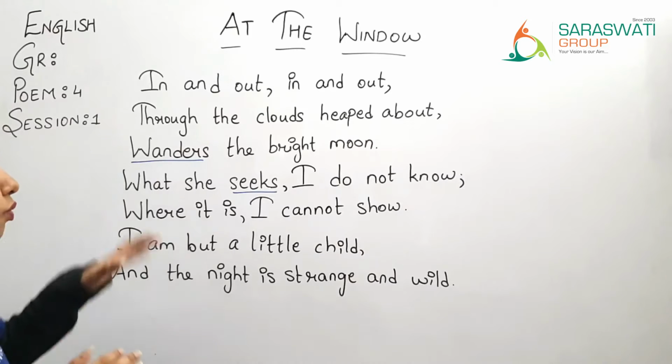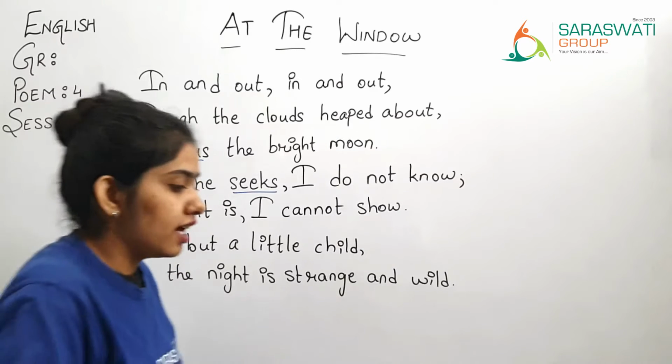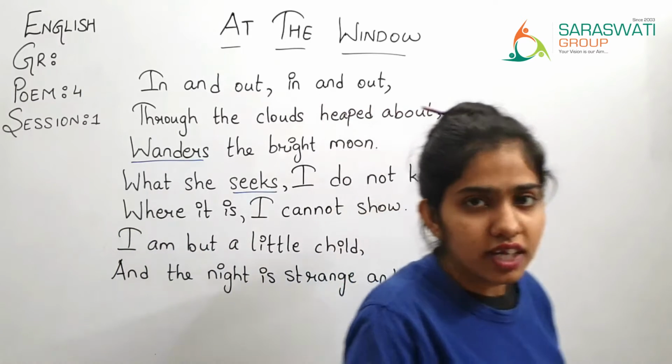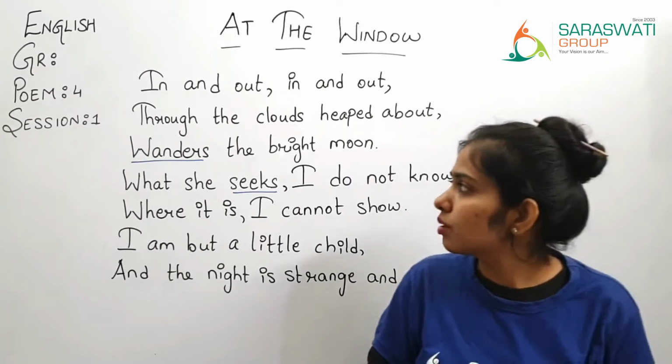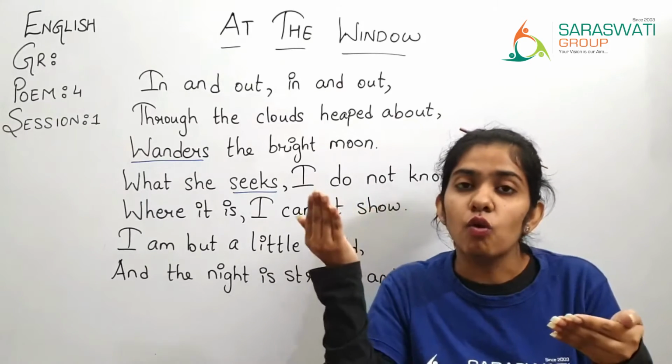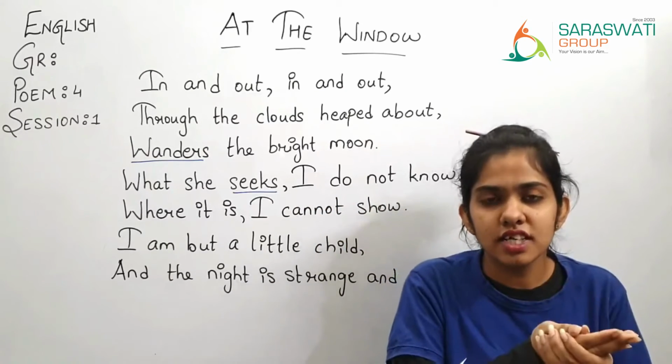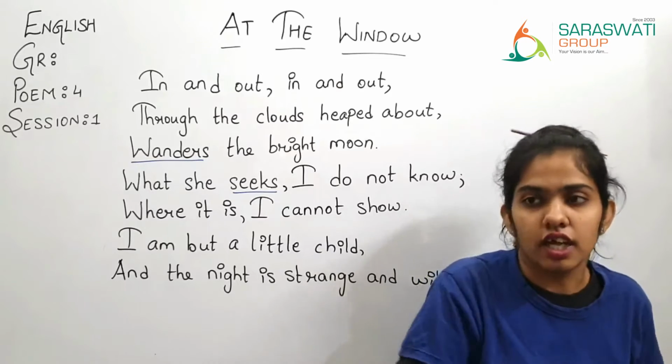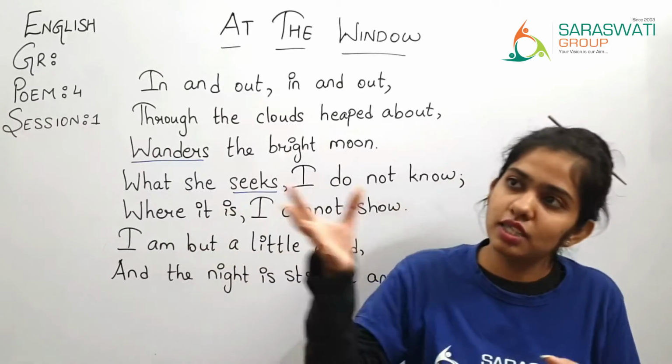So what you are doing? Wonders the bright moon. એટલે bright moon, right? The poet is wondering, wonders the bright moon. Bright moon એટલે walks, એટલે ધીમે ધીમે એની પાછળ જાય છે એની અંદર, then again getting out of the clouds, again ધીમે ધીમે જાય છે.